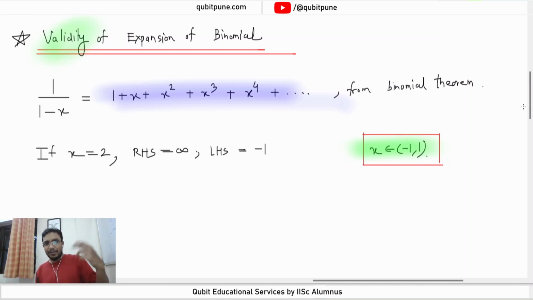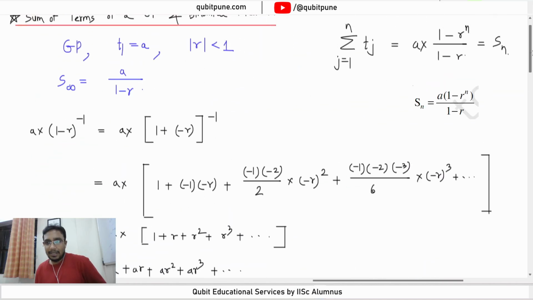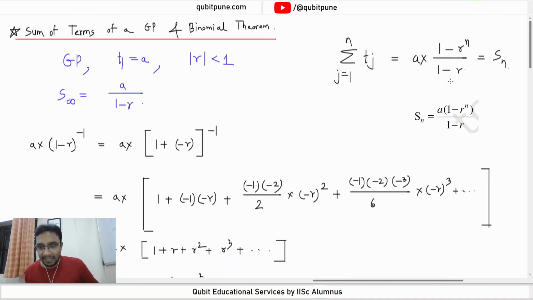There is a different topic related to this, to find the regions of validity or intervals of validity. We'll study this later, but they might set a question on this. Something which will require you to use that the expansion of 1 upon 1 minus x is valid only when x lies between -1 and +1. So keep that in mind whenever binomial theorem is being used. Okay, fine. So that's it with the theory.